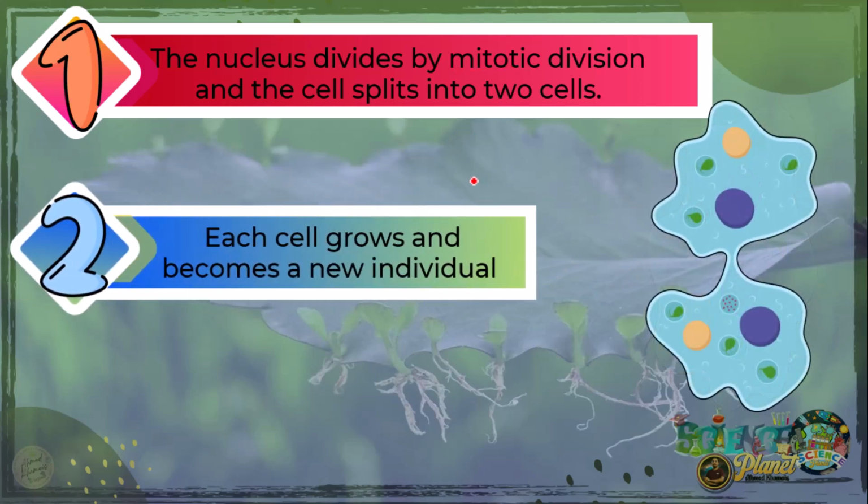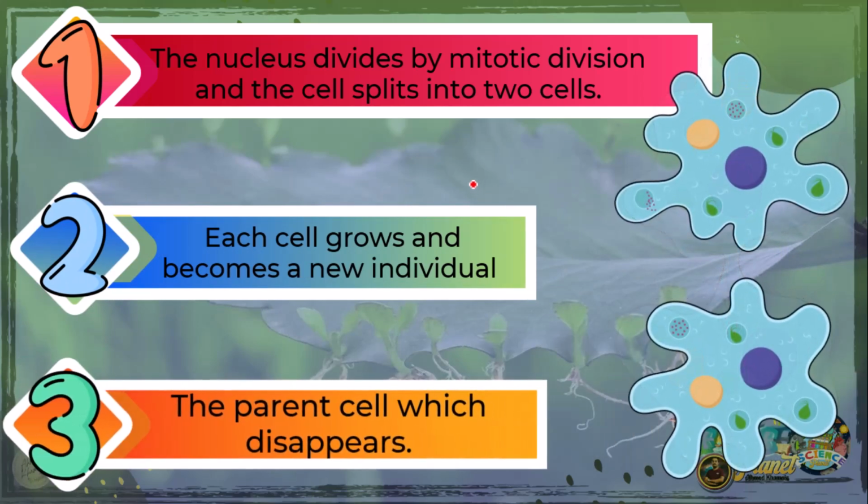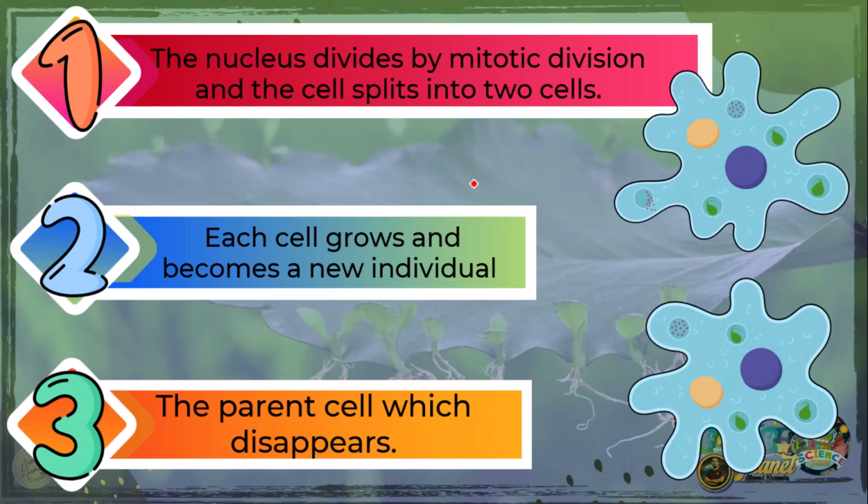Then each cell grows to become an individual amoeba, and by the end of binary fission, the parent cell disappears because it split into two new cells.